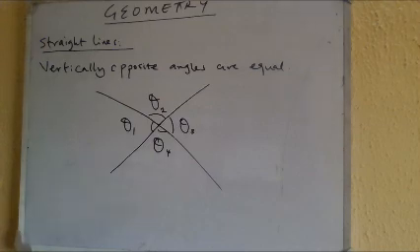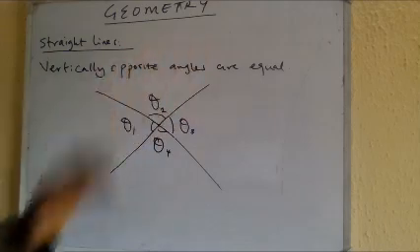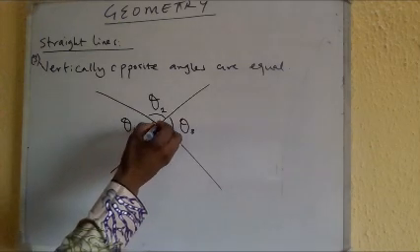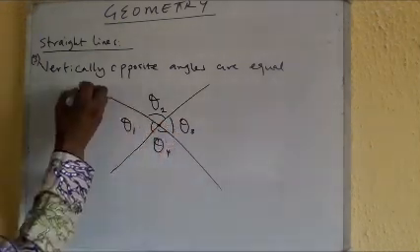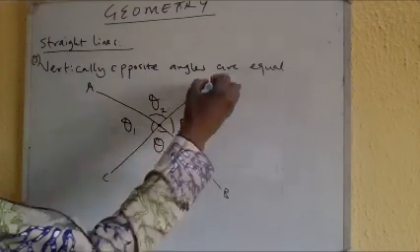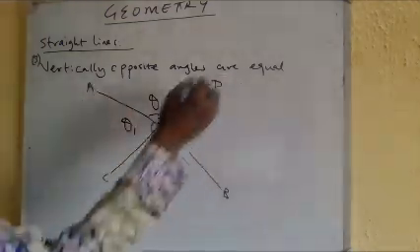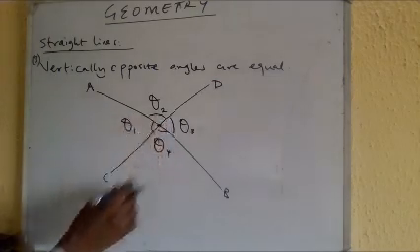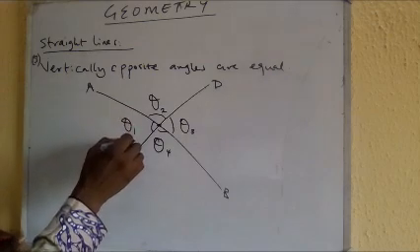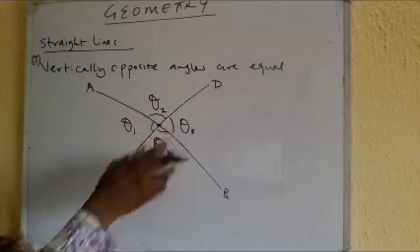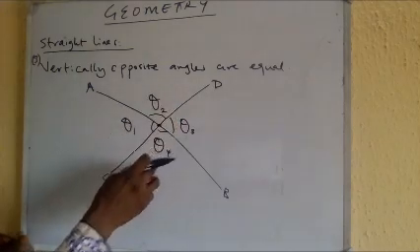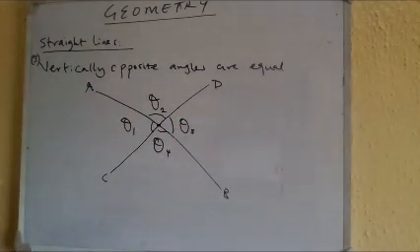Okay, so here we have vertically opposite angles are equal. This is the third theorem we are looking at. If you have different lines meeting at a point, this is line AB and line CD. If line AB and line CD meet at this point, this angle θ1 and θ3 are known as vertically opposite angles, and θ2 and θ4 are also vertically opposite angles.